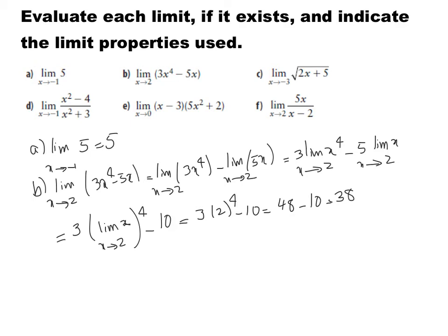Now you can see the step-by-step process that was involved in simplifying this limit. In general, you do not follow all these steps. You just use the property and then you evaluate the function when the variable is going toward the limit.